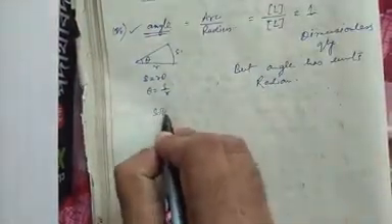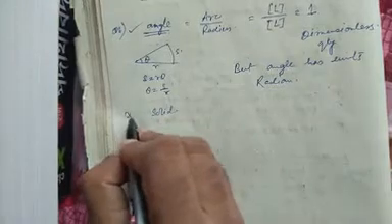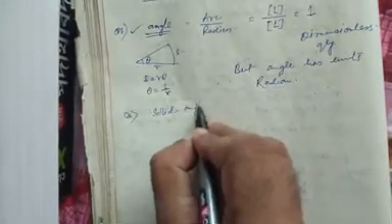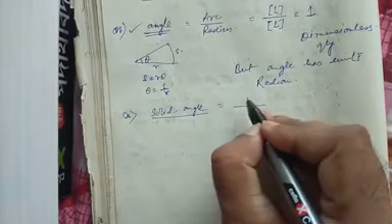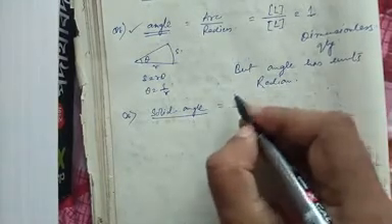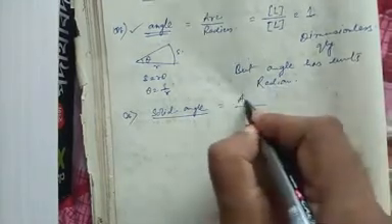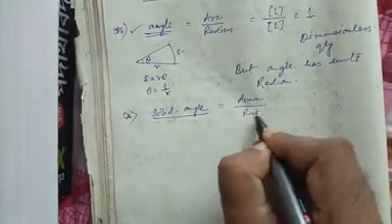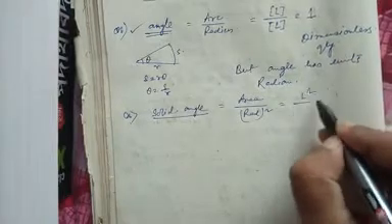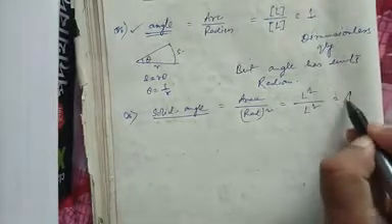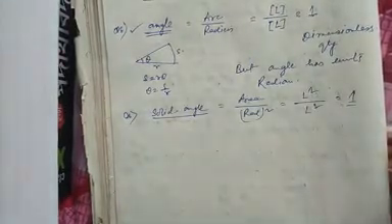Similarly, solid angle, you can take it as another question. Solid angle, same thing will happen here. Solid angle means area by radius square. Area means L square, radius square is also L square. It turns out to be 1, which is also a dimensionless quantity.